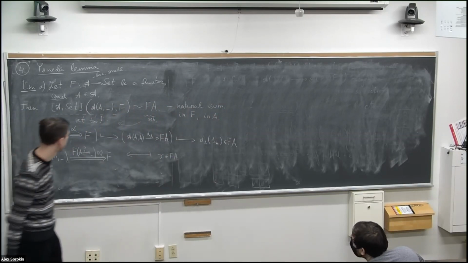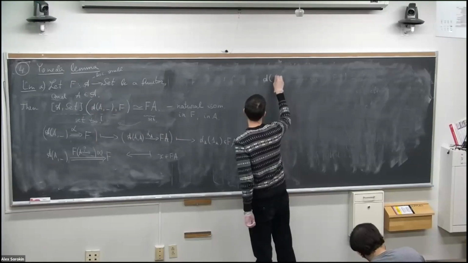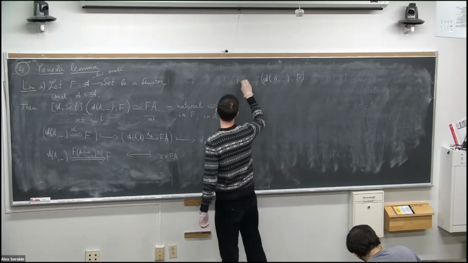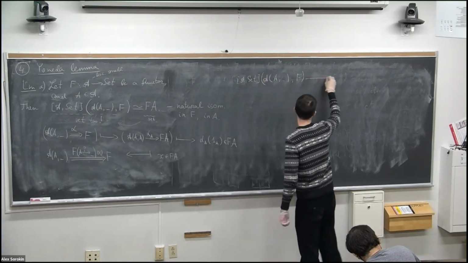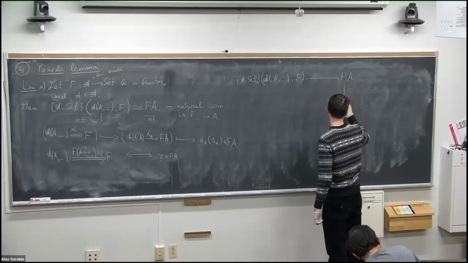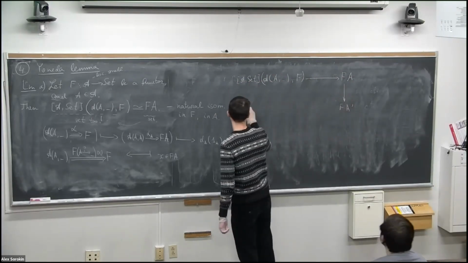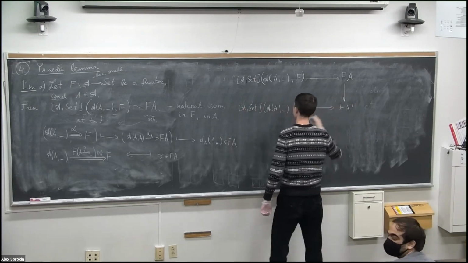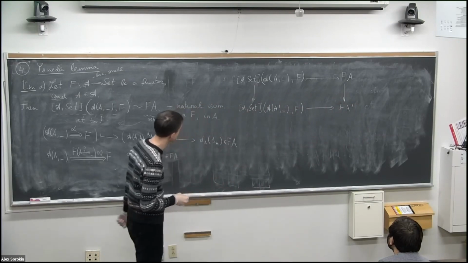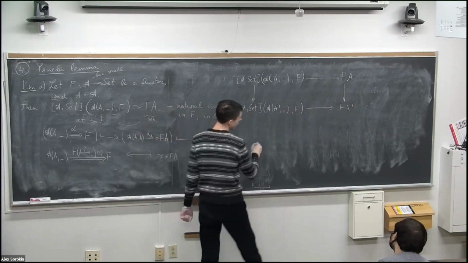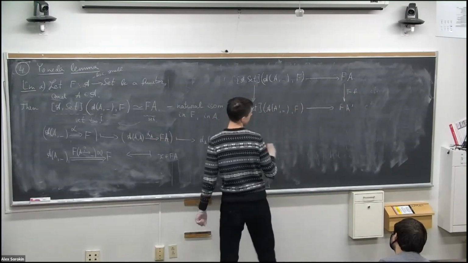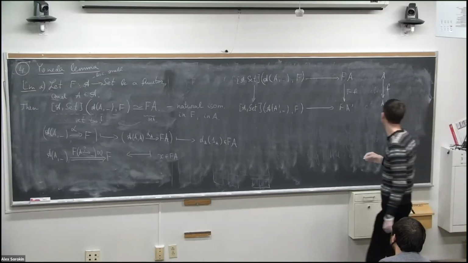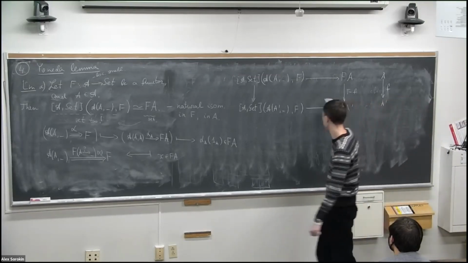What's happening? So you have a morphism f from A to A prime. Then to it you're applying a function.